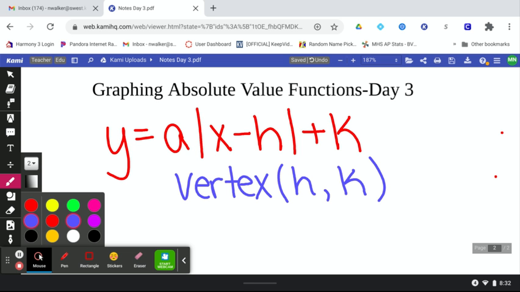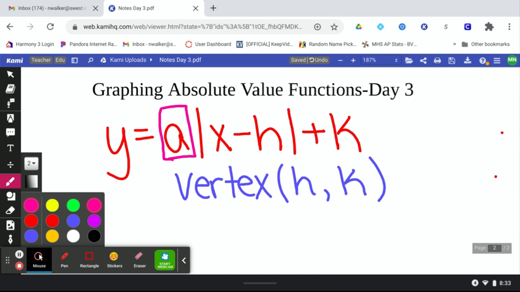Now, I told you guys that we would deal with this A value today. The A value is going to tell us from the vertex how to make the pattern. On Tuesday, every pattern of the absolute values was just up 1 and over 1, correct? That was because the A value was 1.